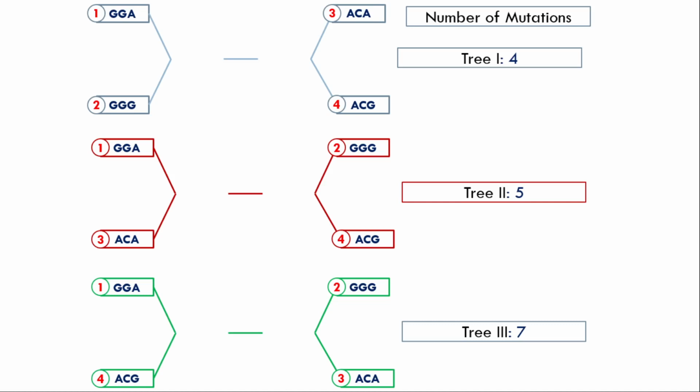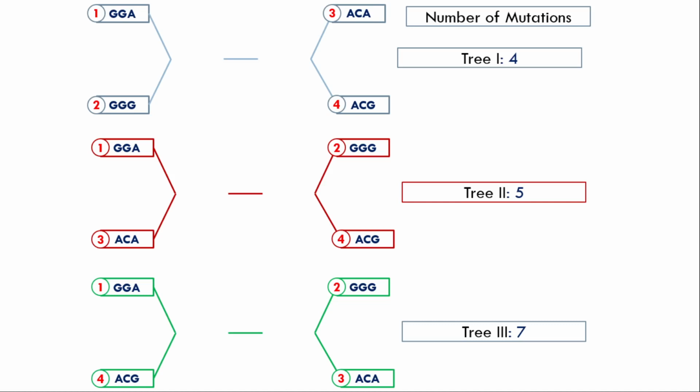This algorithm is based on one hypothesis that is known as the molecular clock hypothesis. What is the molecular clock hypothesis? It says that the rate of mutation is constant.